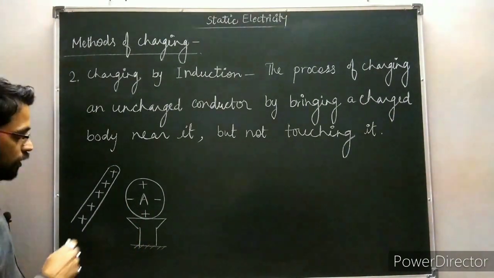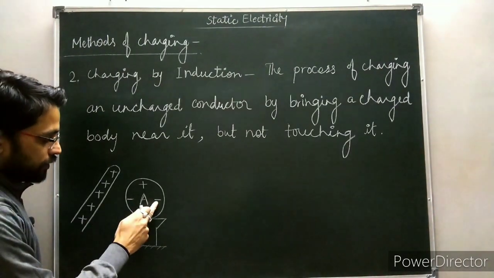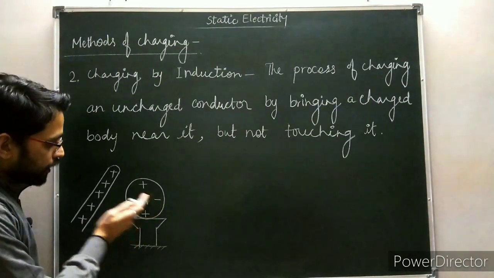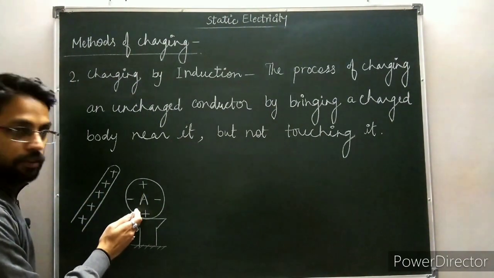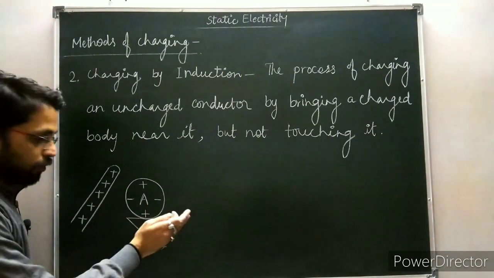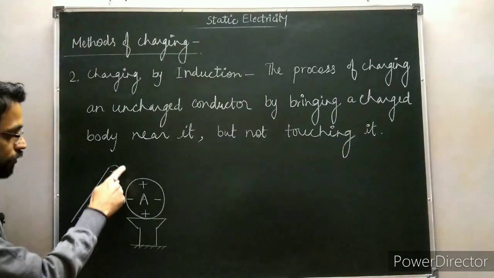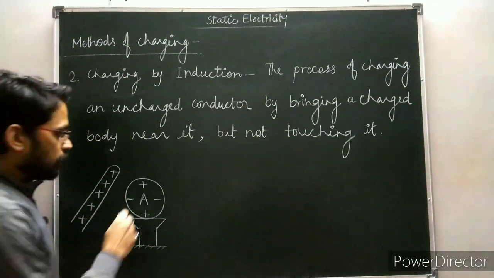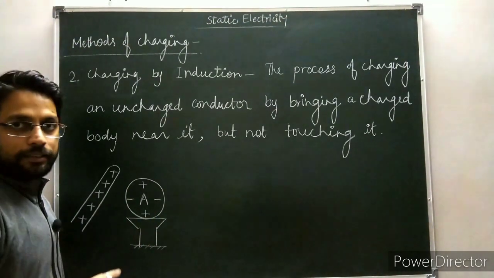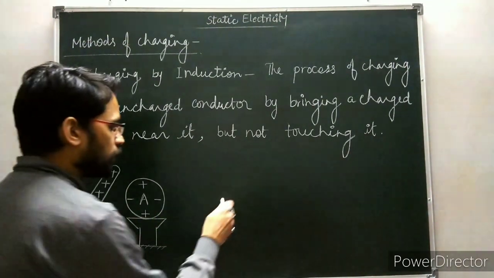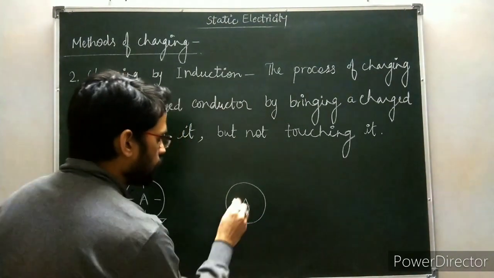then due to this positively charged rod, the negative charges in the conductor are attracted towards the rod and the positive charges are repelled away from the rod. So due to the presence of this positively charged rod, the charges in the conductor are rearranged like this.